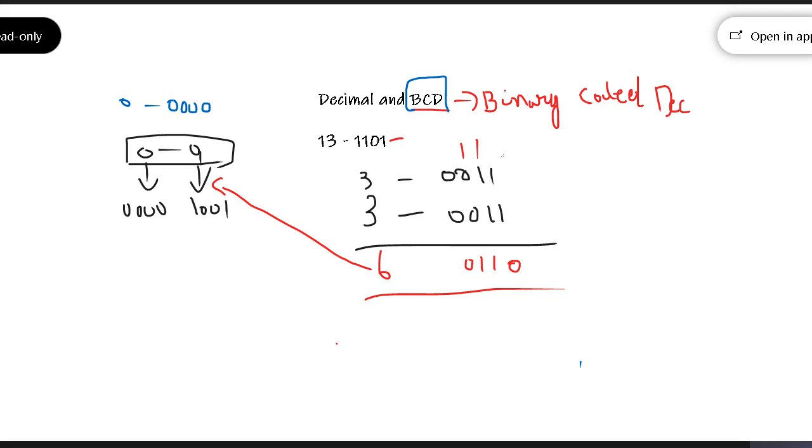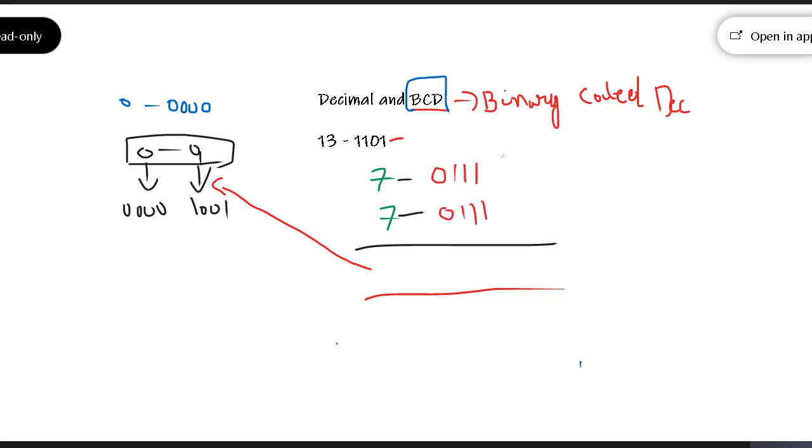Same thing here, I'll take 7 and 7. How do you represent 7 in 4 bits? 0111, again 0111.